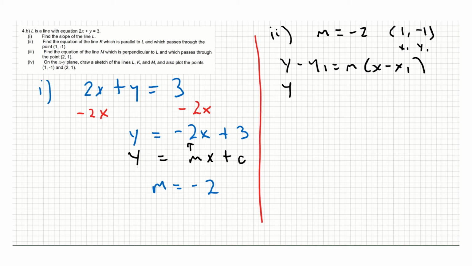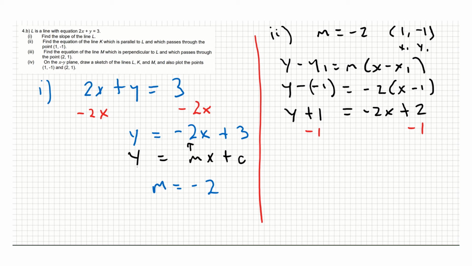So y minus negative 1 equals minus 2 times x minus 1. Minus the negative is positive, plus, minus 2x. Minus 2 by minus 1 is plus 2. And I'm going to take away 1 on both sides, which is going to give me y equals minus 2x plus 1. So that line is parallel to the other one.